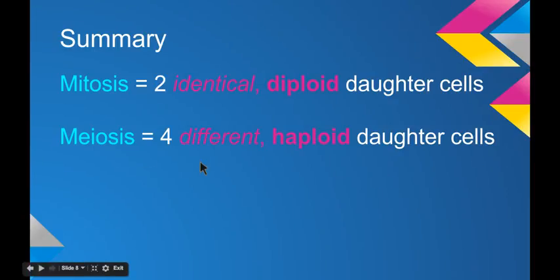By different, we mean that the DNA in each of the new daughter cells is different than the DNA that started in the parent cell. Mitosis produces identical daughter cells. Meiosis produces different daughter cells.